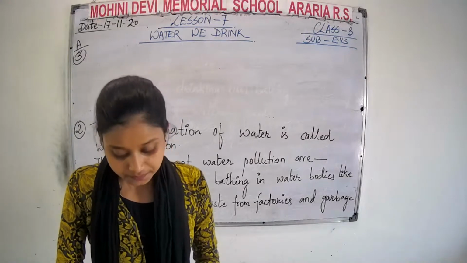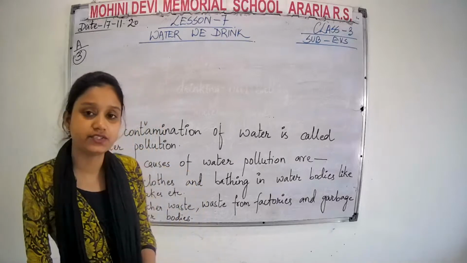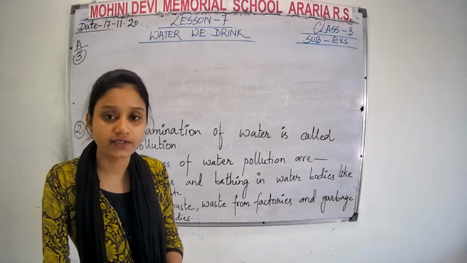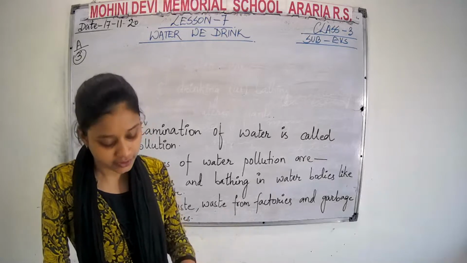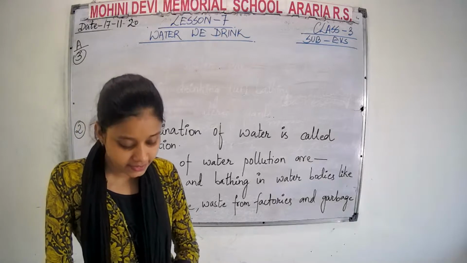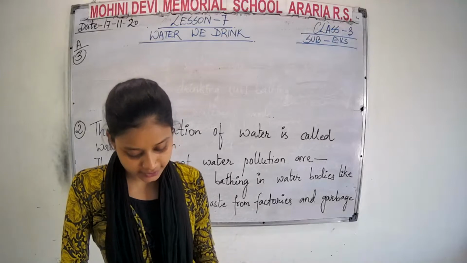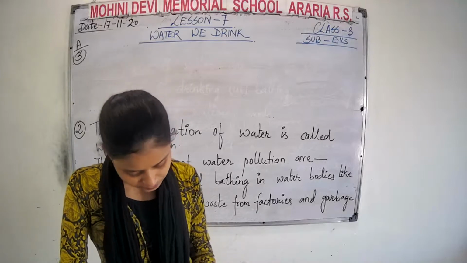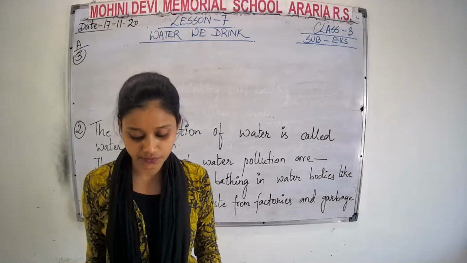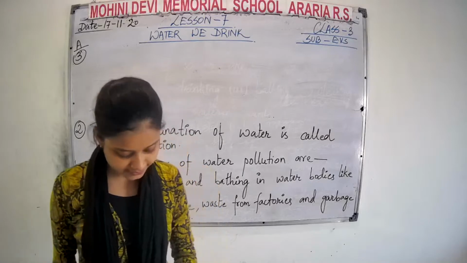See students, here the answer depends on marks. If they ask for 1 or 2 marks, your answer will be short, and if they ask to explain in detail, your answer will be a little bigger than the shorter answer. So we will see both types of answers, so that you won't feel confused or face problems while writing the answer.